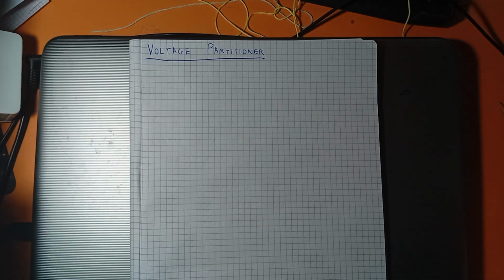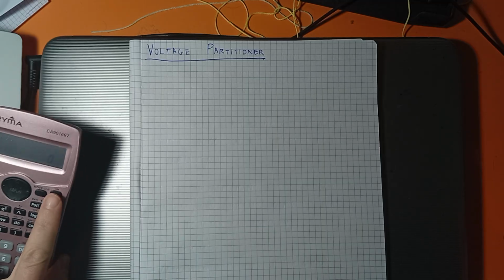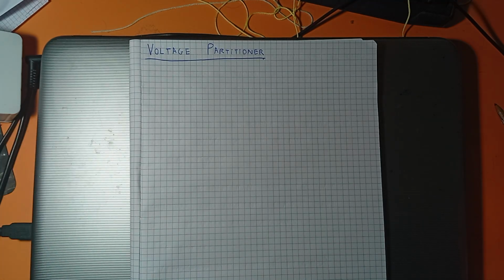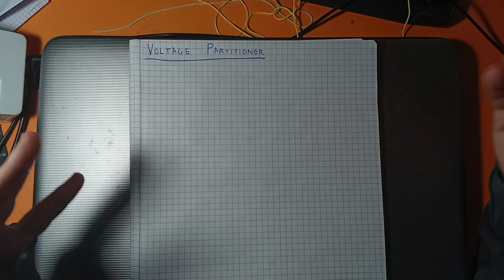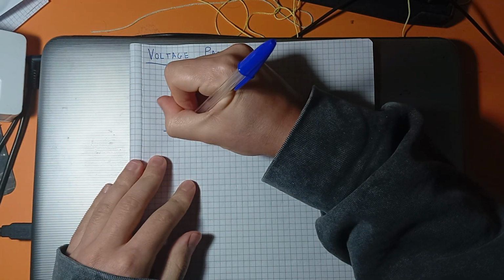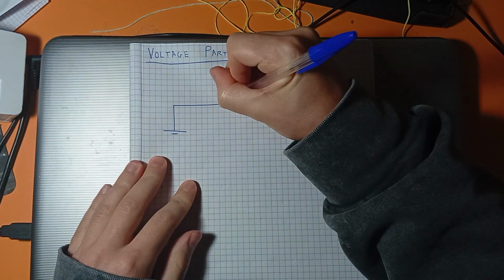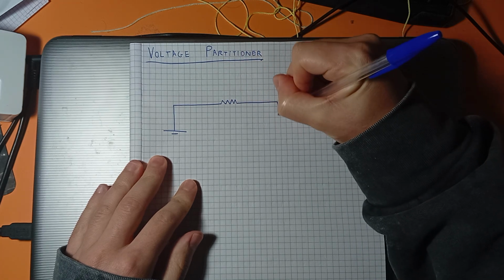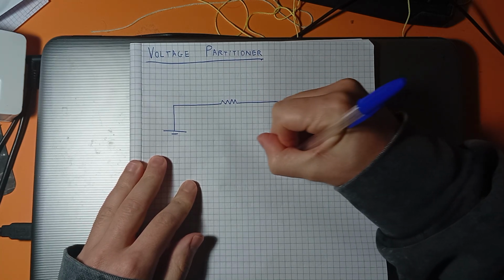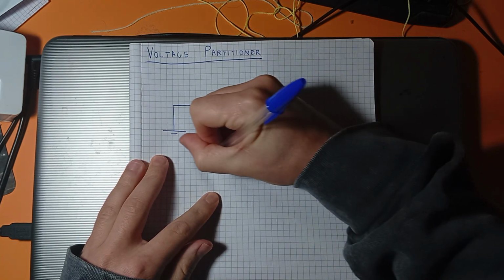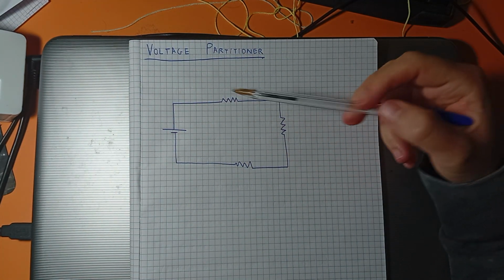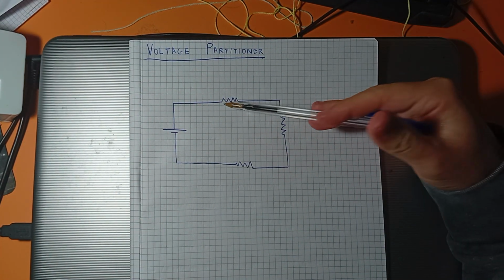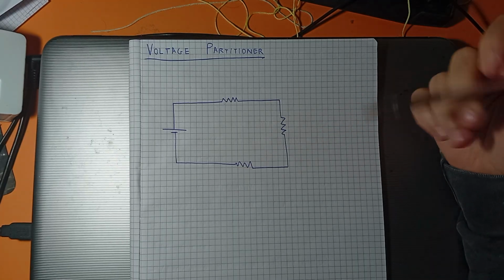Okay, let's begin. What is the voltage partitioner? As we have seen in the last videos, if you have a simple circuit like this, one generator and 3 resistors, the voltage of this generator will distribute on each resistor component.